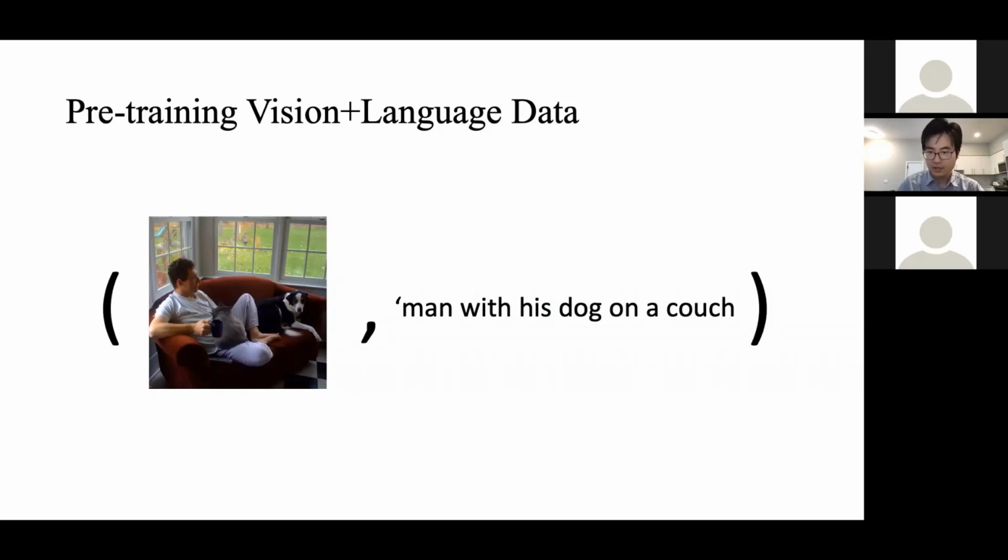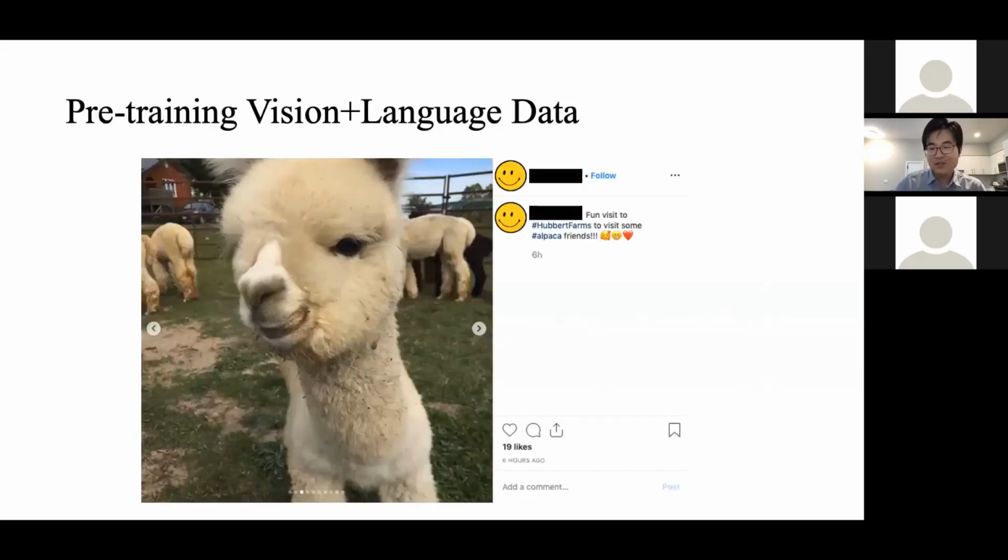The answer is yes. I still remember when I was working on a project with my friends, there was a national alpaca farm day, so I searched alpaca on Instagram. Here's what I got. In order to protect the users' privacy, we intentionally put some yellow masks on top of the users so that we don't know who he or she is.